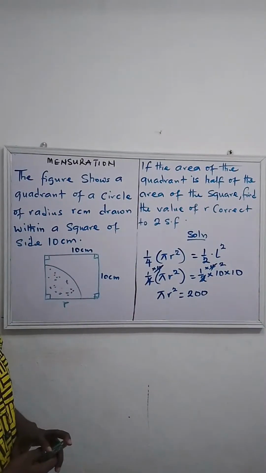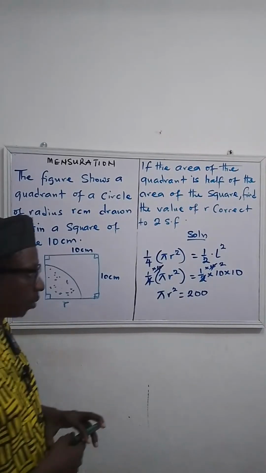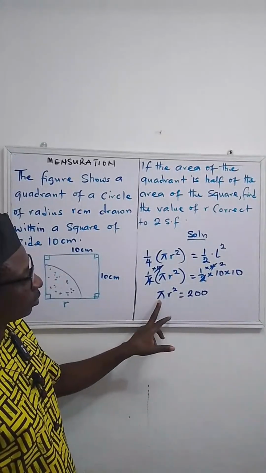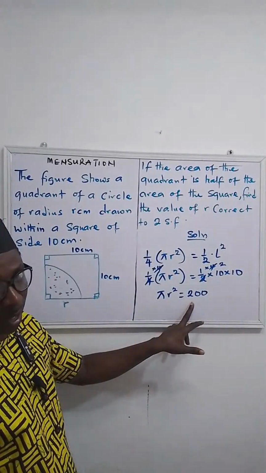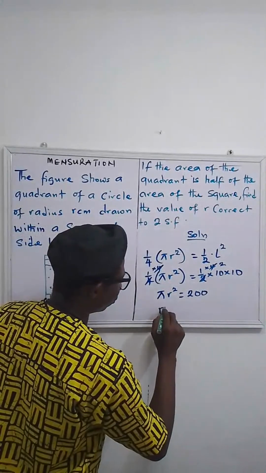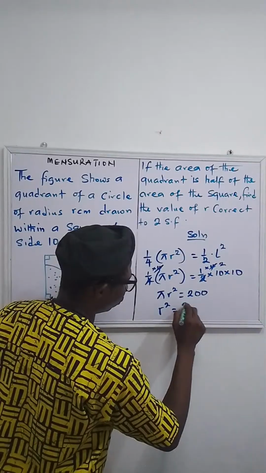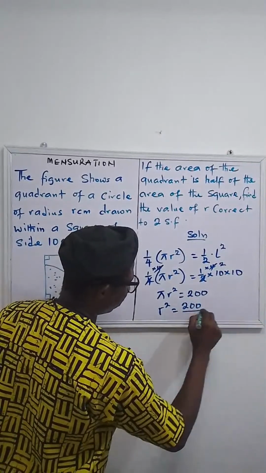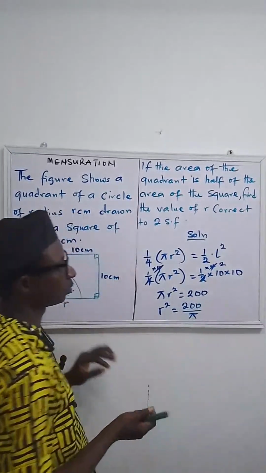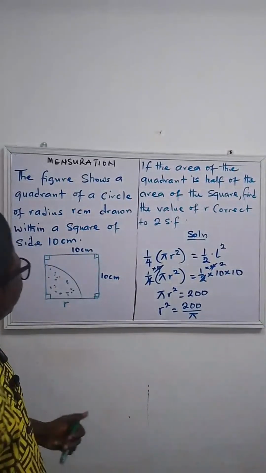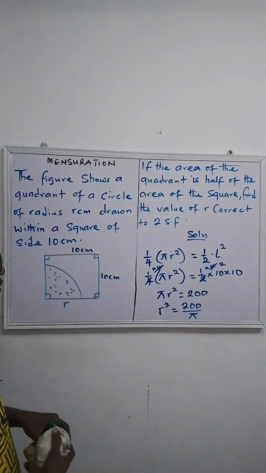Is that taken? All right. So now the next thing is to divide both sides by pi. So we have r squared equals 200 over pi. Now, our pi is 22/7. Okay.